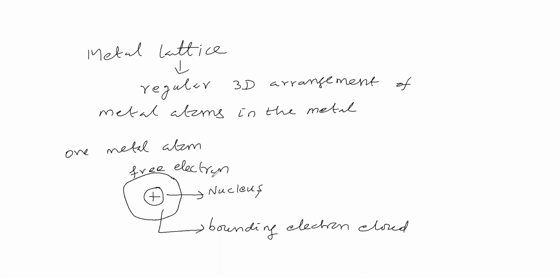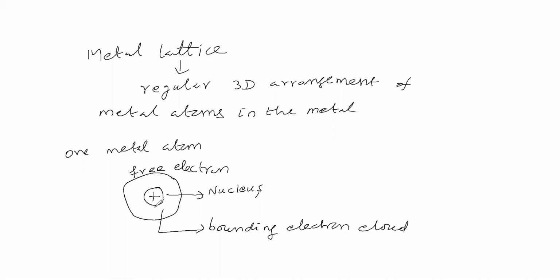Now, in this metal atom, the nucleus is at the center. Around this nucleus, a bounding electron cloud is present. Bounding electron cloud means this electron cloud is present only around this nucleus.